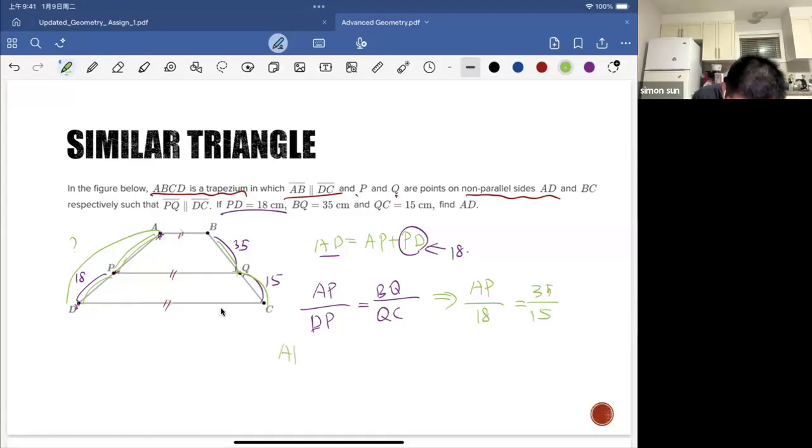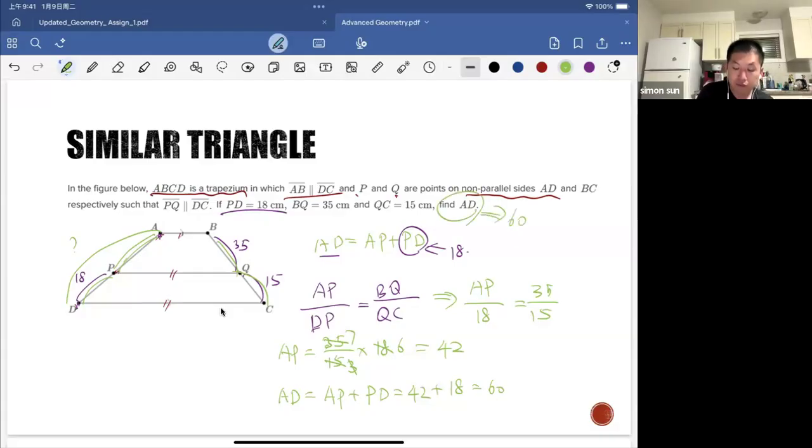So AP is equal to 35 over 15 times 18. Simplify this. We can cancel by 5, so this is 7, and 1 over 3 times 18 is 6. So we got 42. If AP is 42, then AD is equal to AP plus PD, equal to 42 plus 18, equal to 60. So the answer for this question is 60.